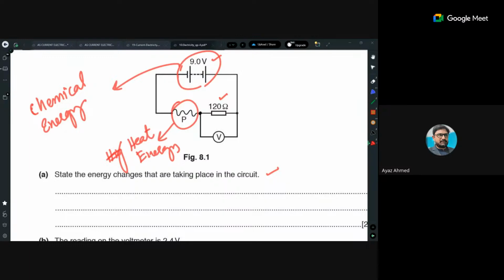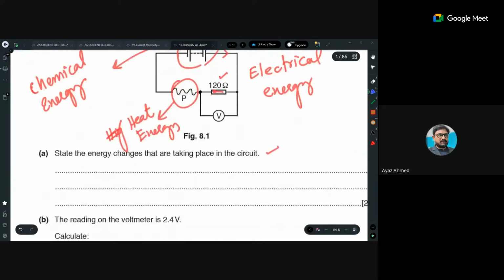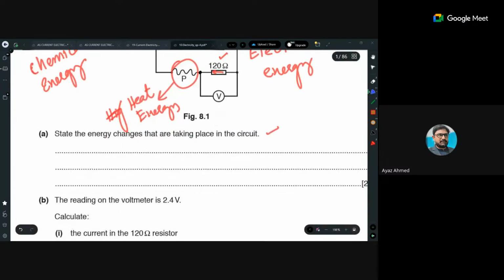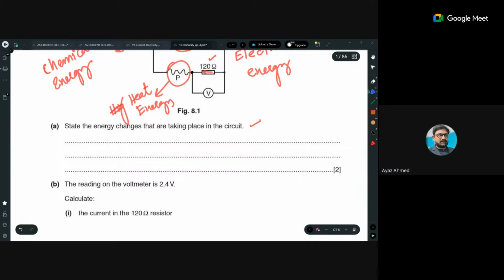And the resistor is having current through it, so there is electrical energy. So the non-electrical energy of the battery is converted into electrical energy of the charges flowing through the resistor, and thermal energy of the wire which is heating up.